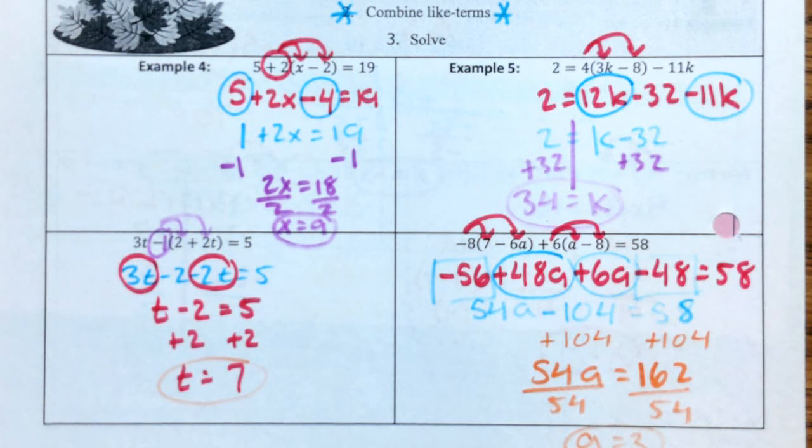And volunteer for this last one. Anyone get there? Good. A equals 3 for the last one. Wait, no, I got it. Sorry.